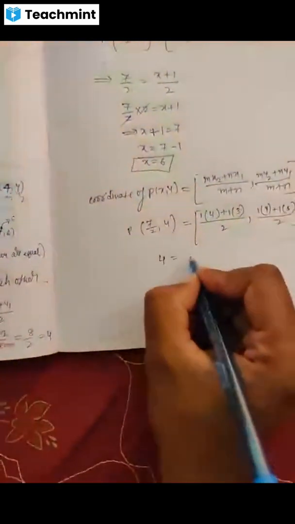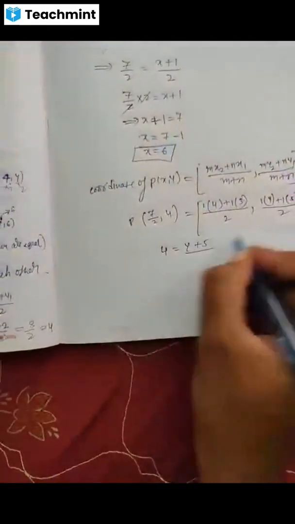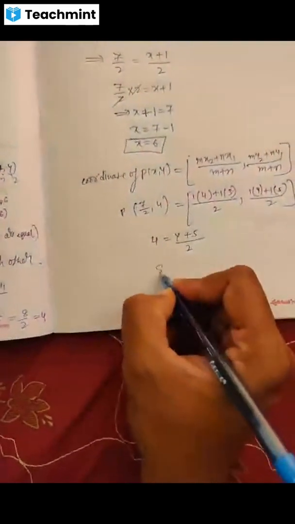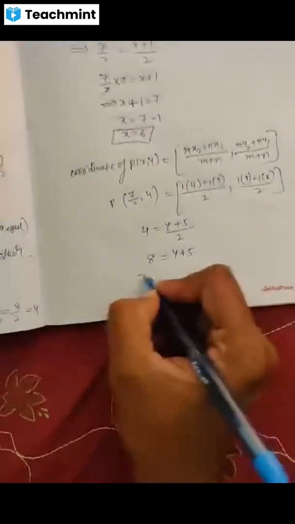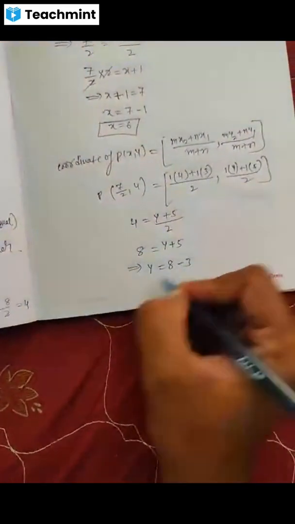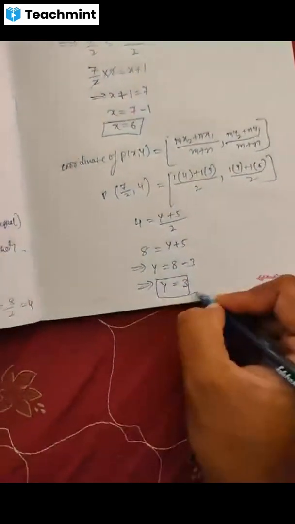So 4 = (1·y + 1·5)/2. By cross multiplication, 4 × 2 = 8 = y + 5. That implies y = 8 - 5, that implies y = 3. So the value of y is 3.